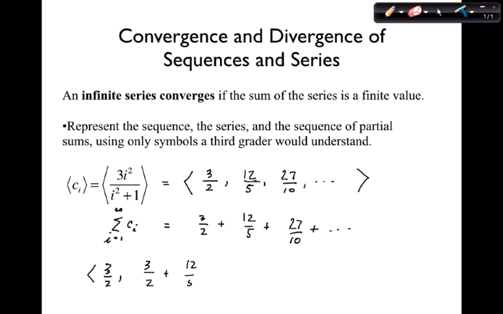So the partial sums are the first term, the sum of the first 2, the sum of the first 3, the sum of the first 4. So you make a new list by adding the first however many i terms.